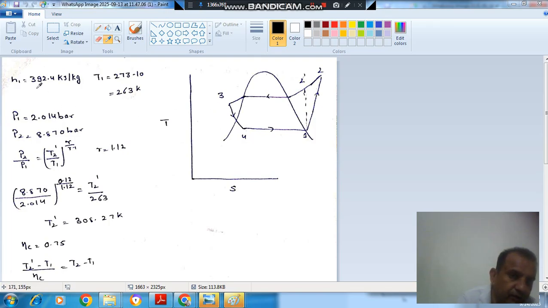at point 1, at the entry of the compressor, H1 is given as 392.4 kilojoule per kilogram, and T1 is minus 10 degrees Celsius or 263 Kelvin. As it is dry saturated, corresponding to minus 10 from the table given, you can see H1 as 392.4 kilojoule per kilogram, and P1 is 2.014 bar, and P2 corresponding to 35 degrees Celsius is 8.870 bar.